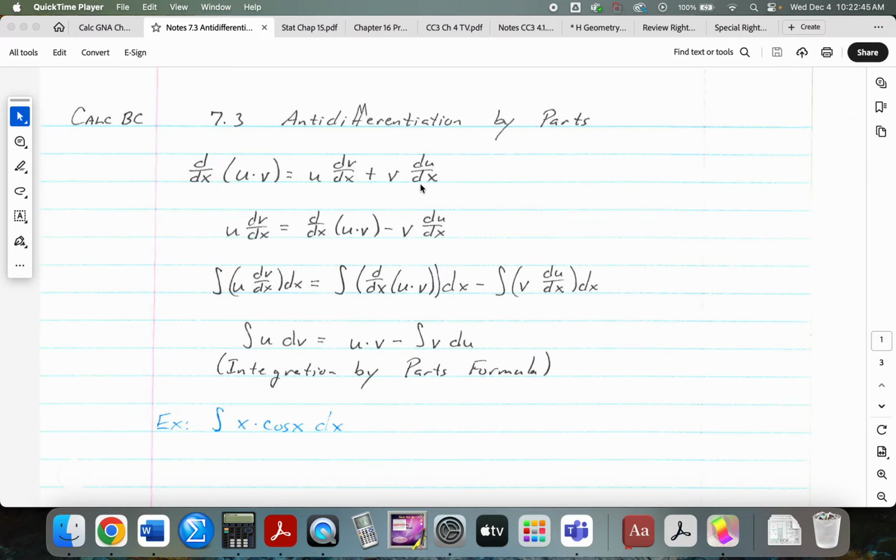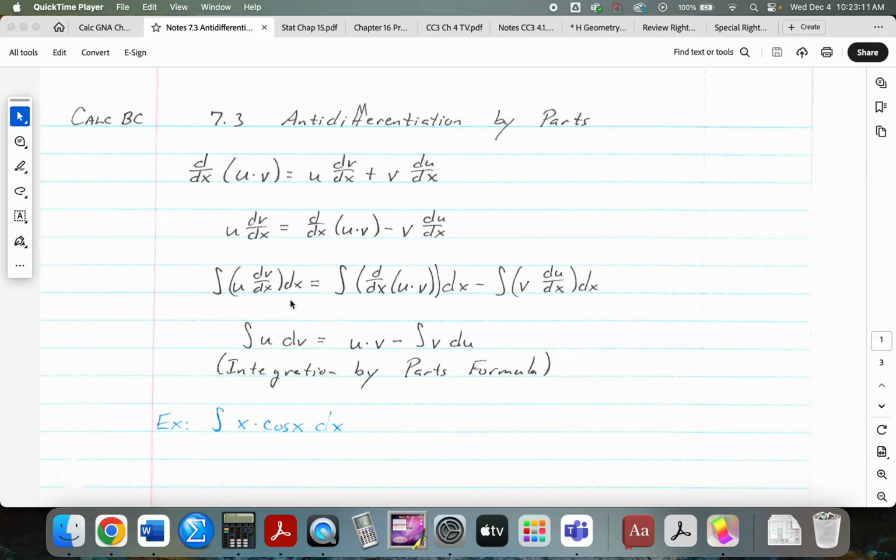Rearranging this then, I'm subtracting the v du dx on this side and then switching sides. So we get this expression. If we then take the integral of each part, over here, if you think about the dx's as if they were numbers and we could cancel them, they're not, but this works almost all the time.